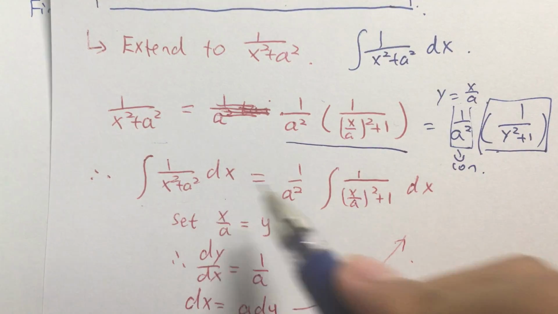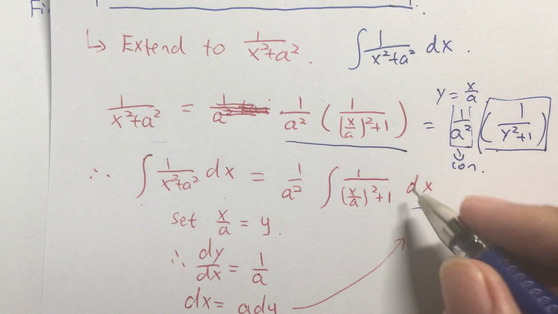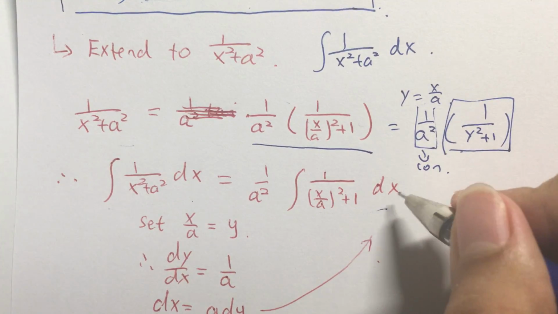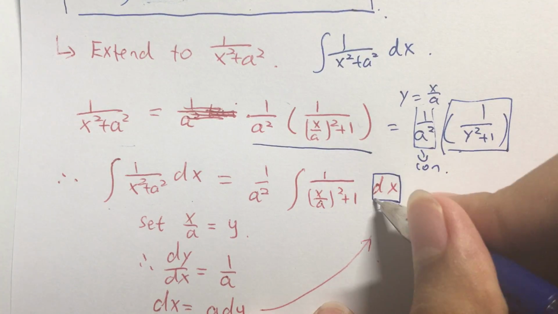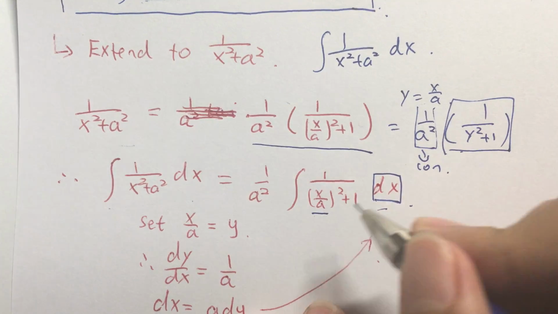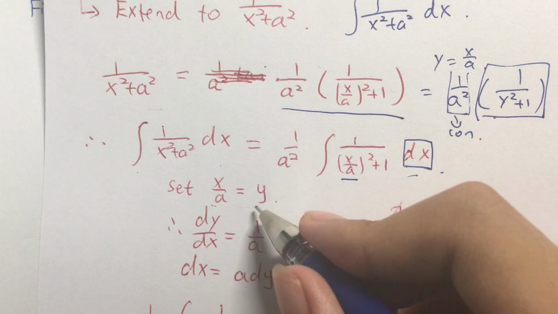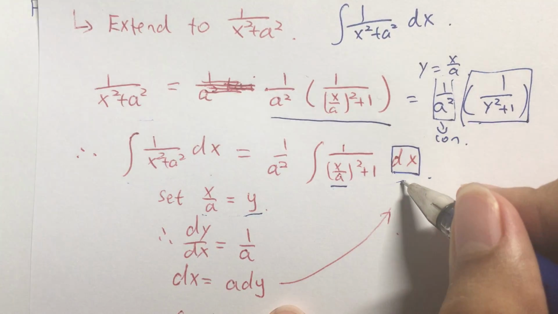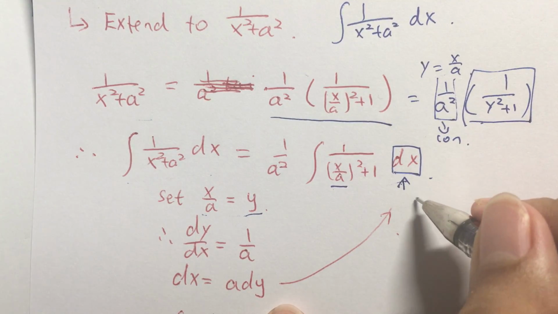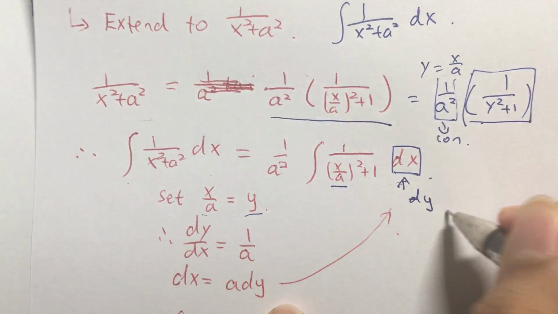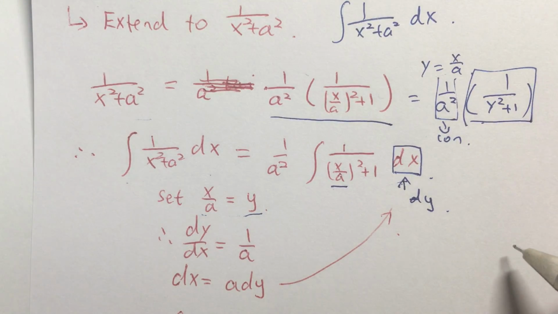So now we have this equals to that, and now there's a problem. Here we have dx, but here we have x over a, and if we set x over a equals y, then we need to change dx into dy, otherwise we can't do the integration.